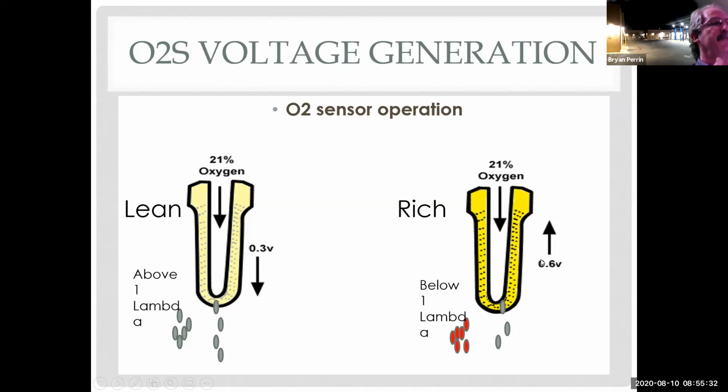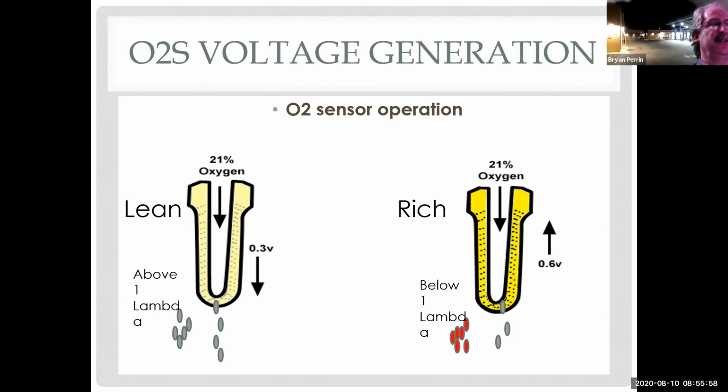So it's the electron flow through the platinum and zirconium wafer that generates the voltage. This is about relative lambda, comparing itself to the outside oxygen, and it needs that outside oxygen in order for the catalytic process to happen inside the oxygen sensor.